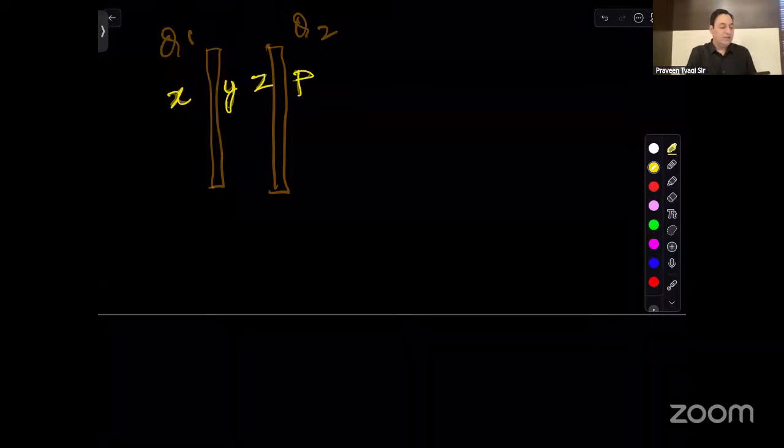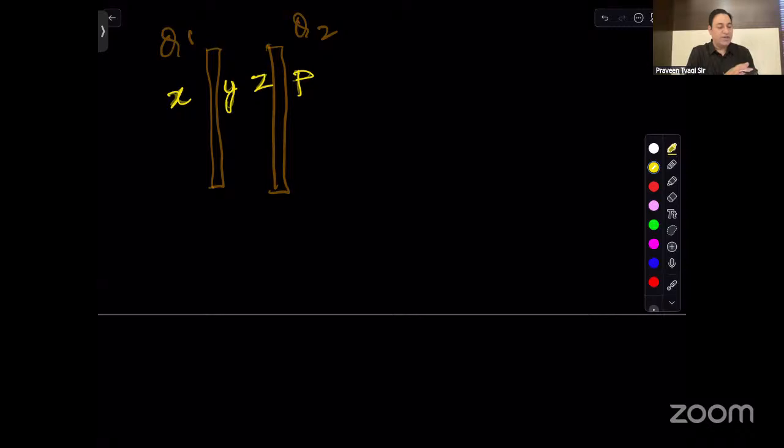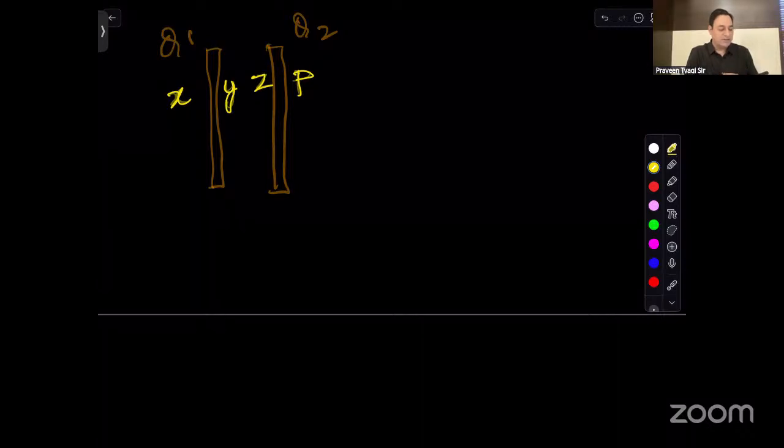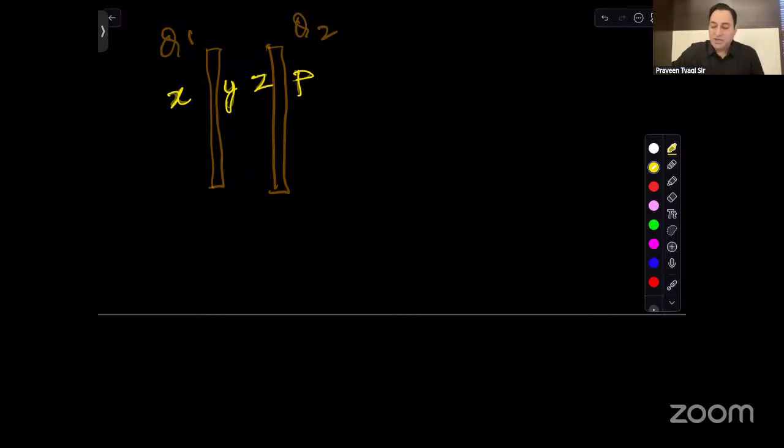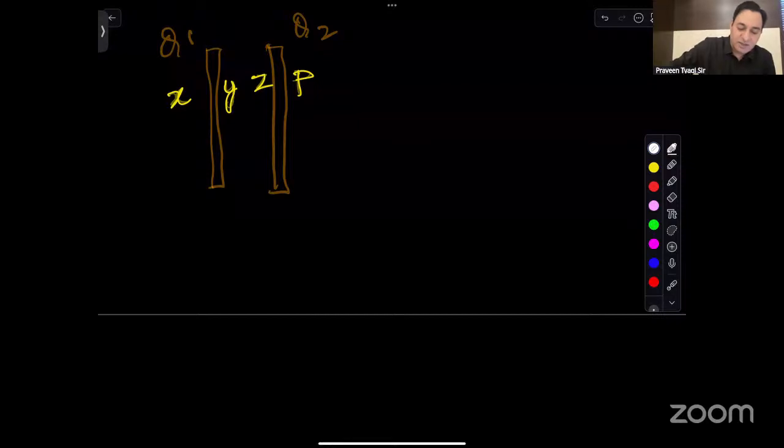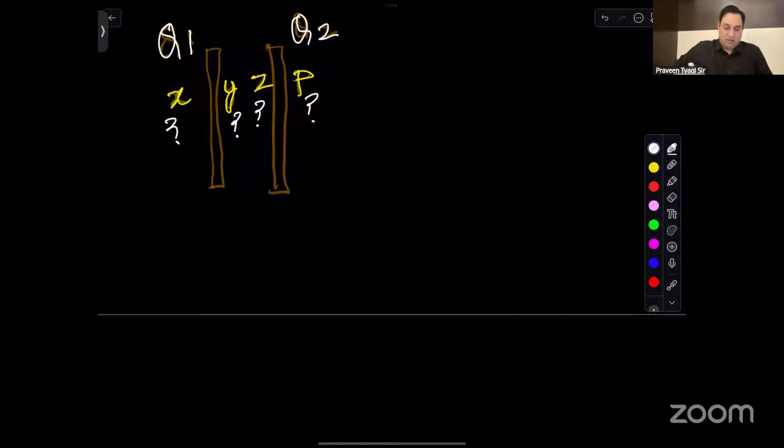I'm going to YouTube also, and I'm trying to see if people are answering there. The question is, find the charge distributions. How will each layer, what charge? This is Q1 charge given to this plate, Q2 charge given to this plate. Find what the charge distribution will be like.